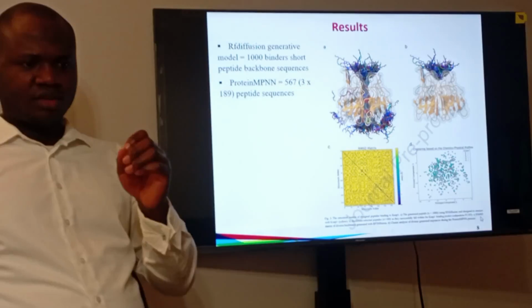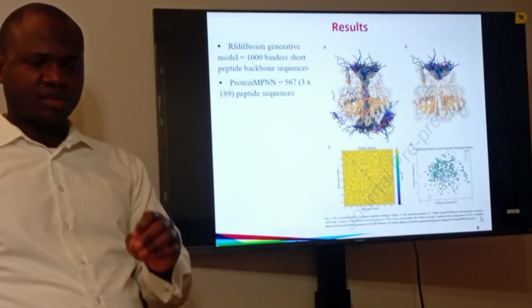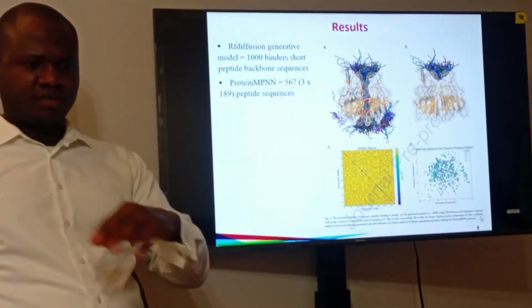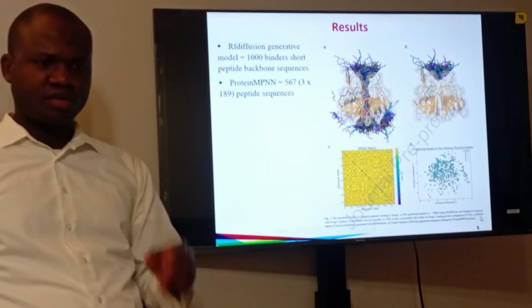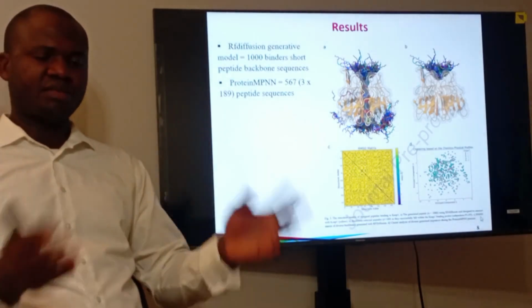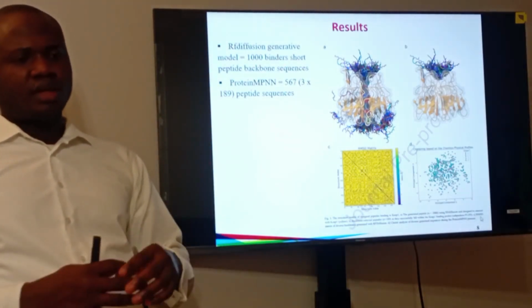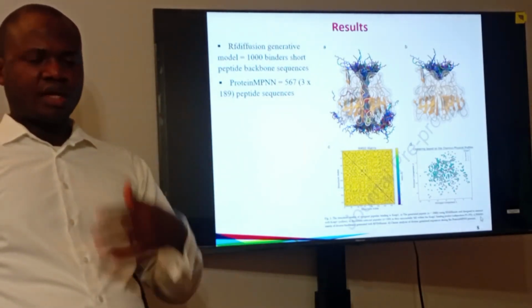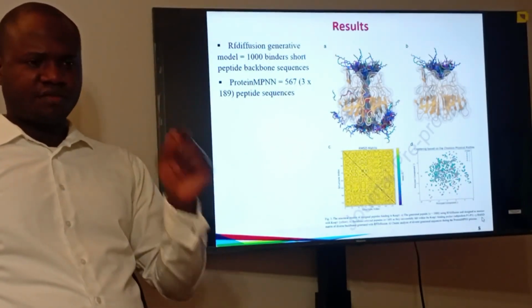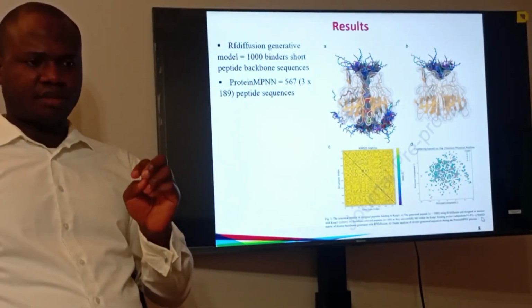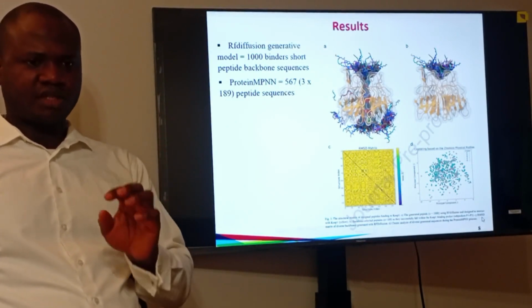Now, when they used ProteinMPNN, they did it in three generative modes of 189 peptides. So ProteinMPNN was able to, out of the 1,000 backbones, produce 567 peptide sequences.